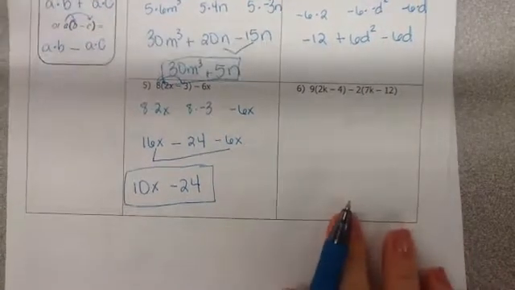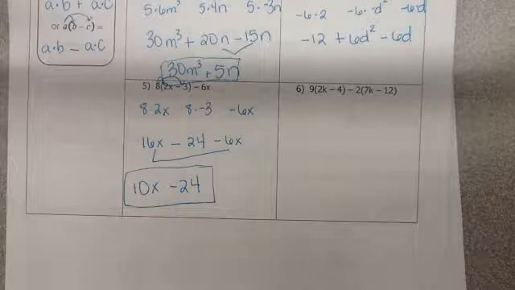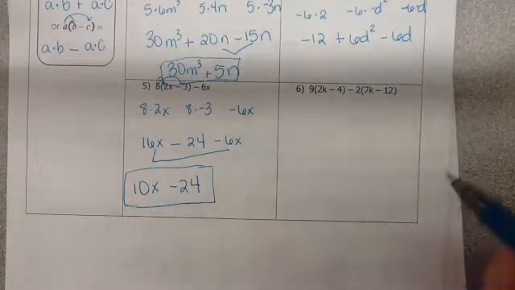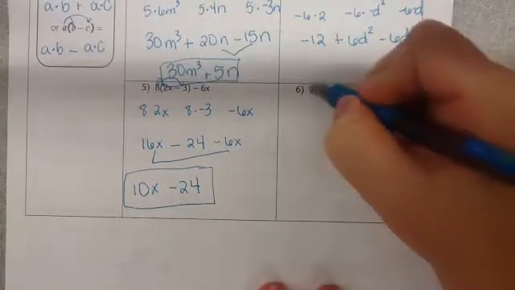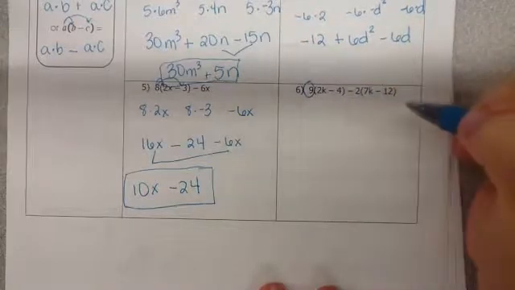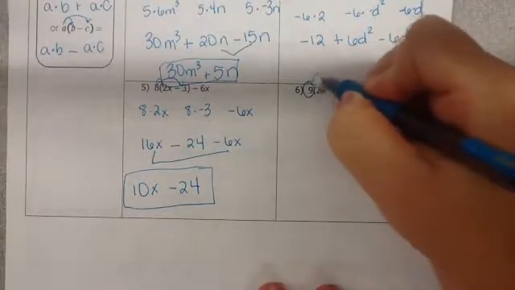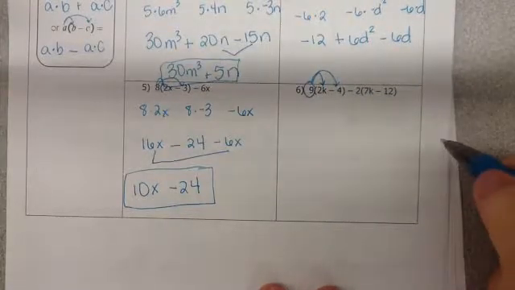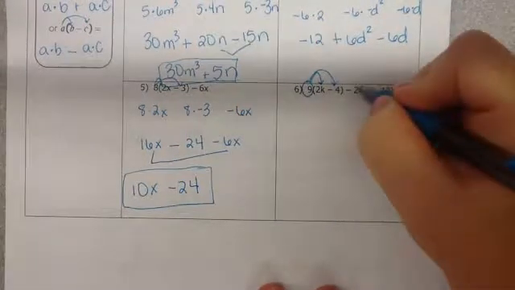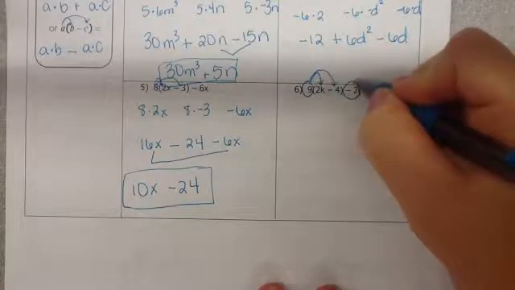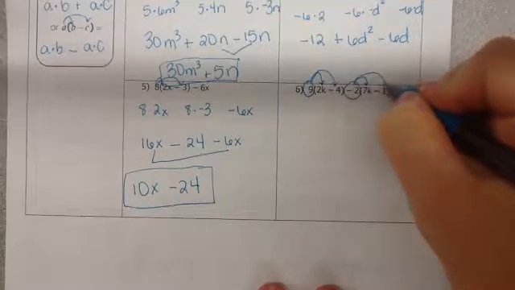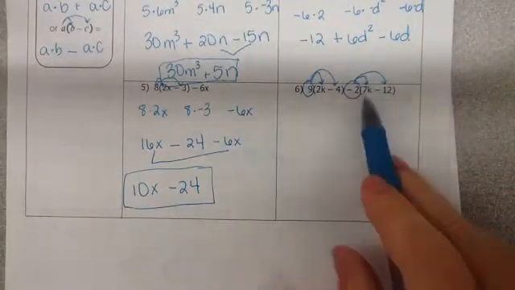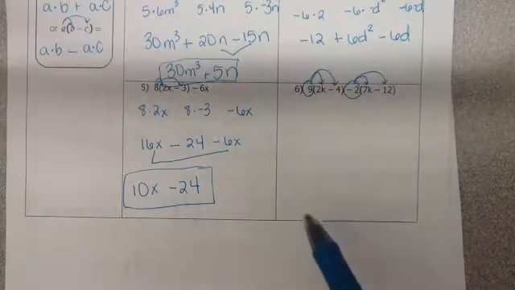Number 6, how many distributions are we going to have? 2, because there are 2 parentheses. So the first one, you are going to distribute a 9. What do you distribute the next set of parentheses? A -2. So you need to do 2 distributions and then combine like terms.